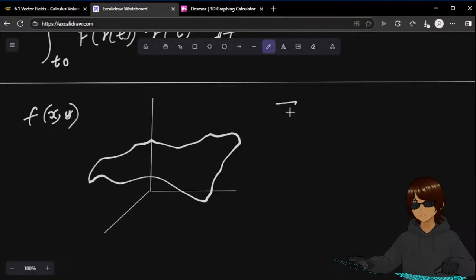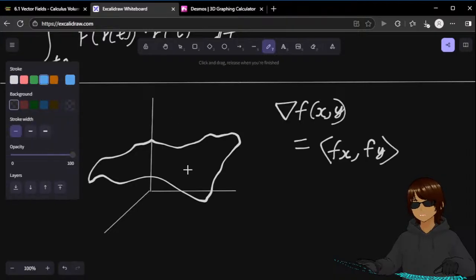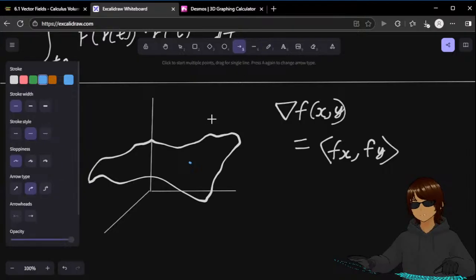And we have the gradient of f, which is basically a vector with the partial derivative in the x direction and the partial derivative in the y direction. So for example, I take this point over here on the surface.